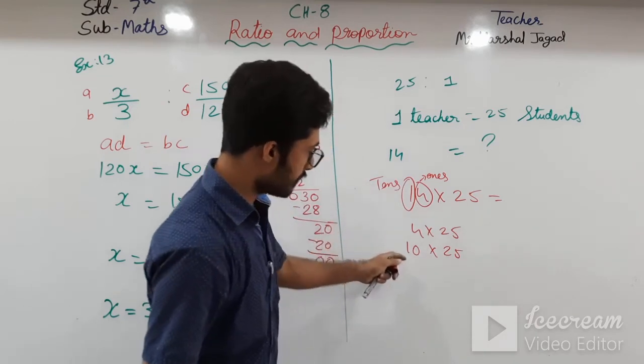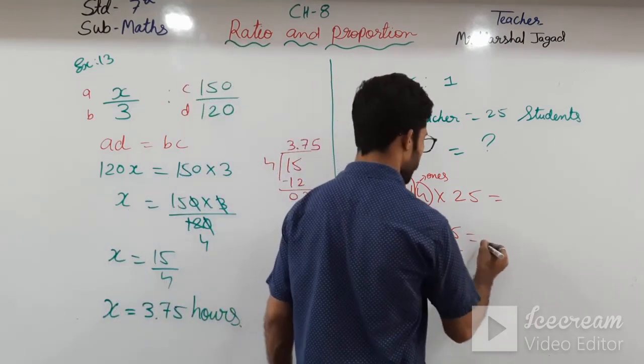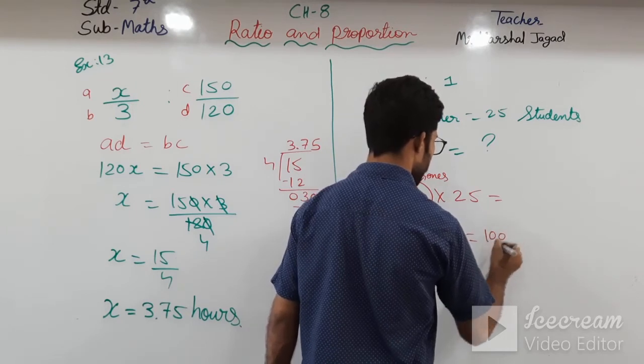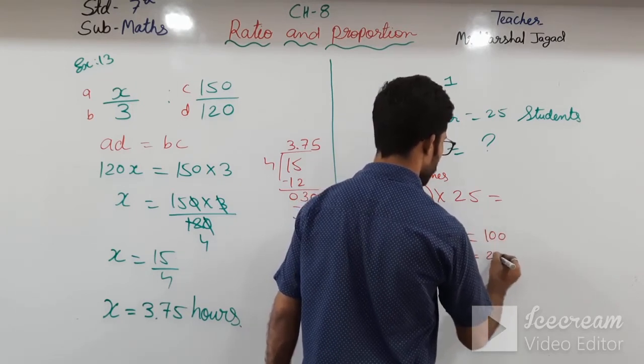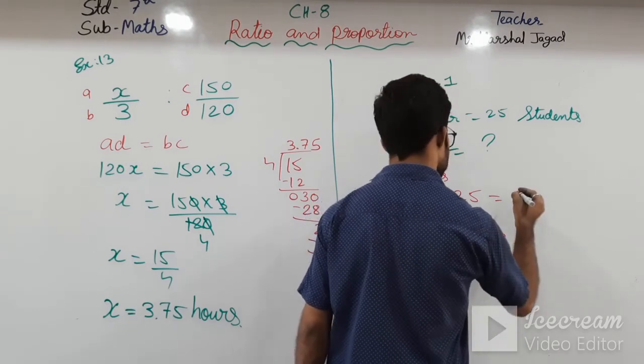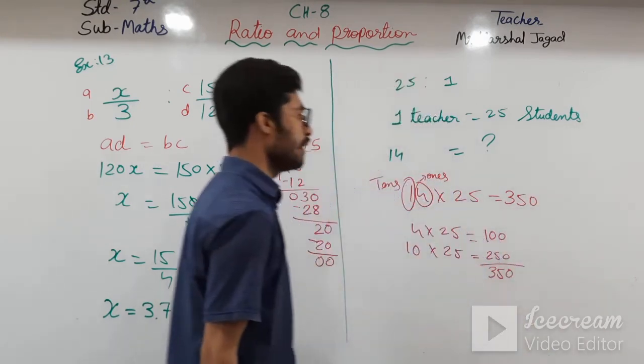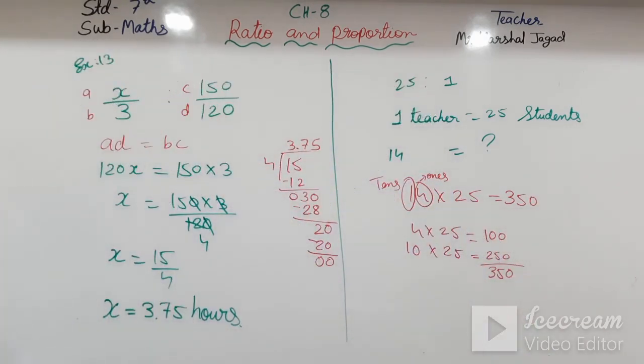Okay, value of 1 is 10, so we have multiplied this with 10. So 25 into 4, that is 100, and 25 into 10, that is 250. Then the answer will be 350. So 14 into 25, that is 350 is your answer. Okay students, 350. Students, please note down this.